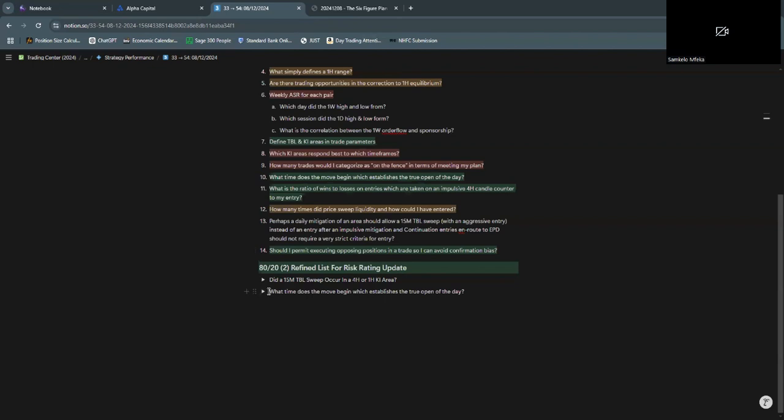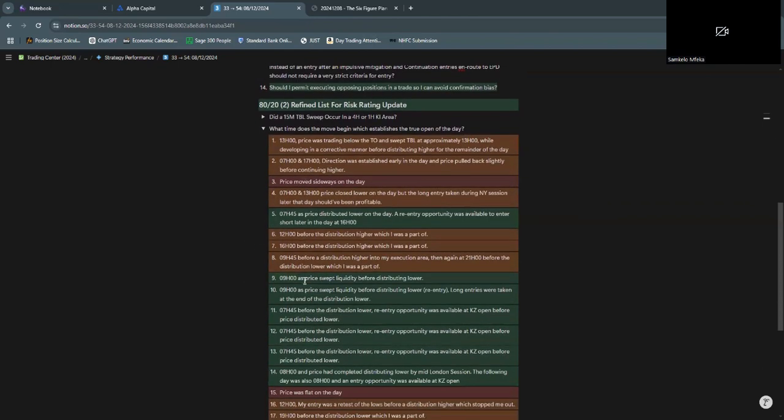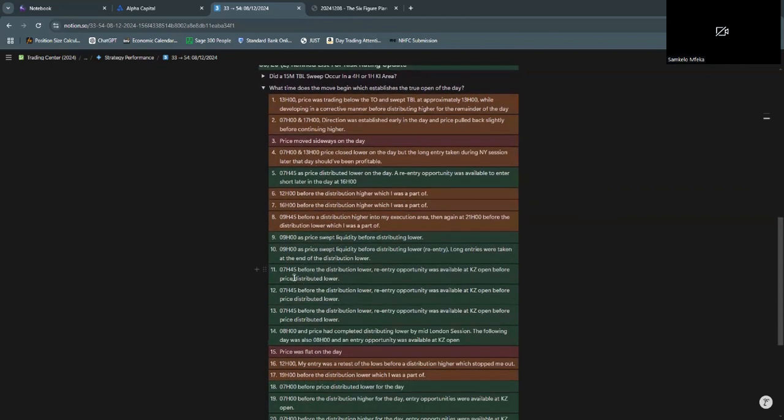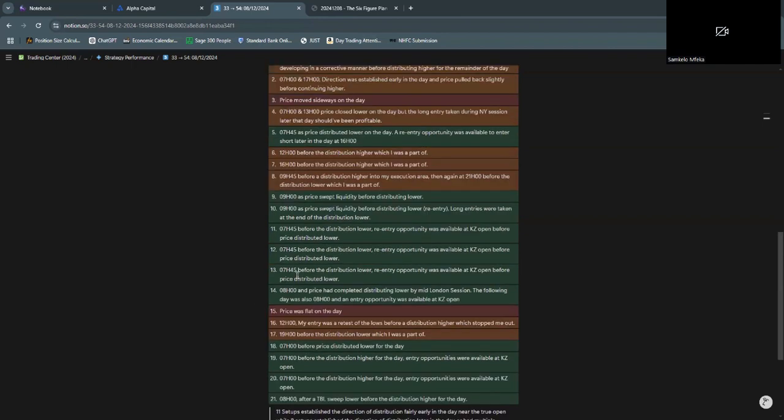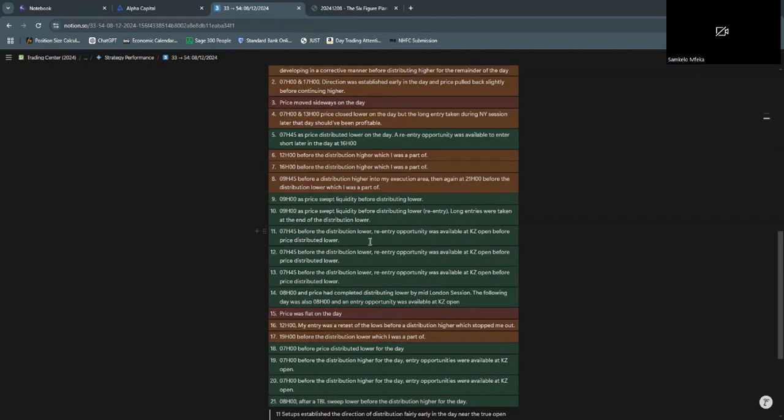Then the second one, which was what time does the move begin, which establishes the true open of the day, bred a different set of answers. So the green highlighting basically looks at whether the distribution was established earlier in the day, either prior to or at London kill zone, which is a common theme that I've observed.